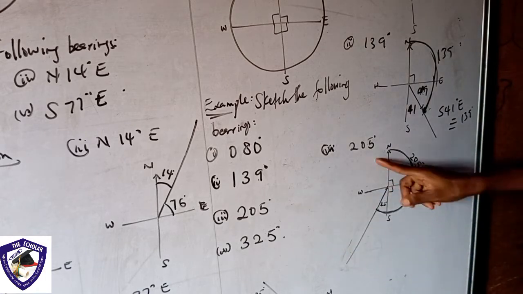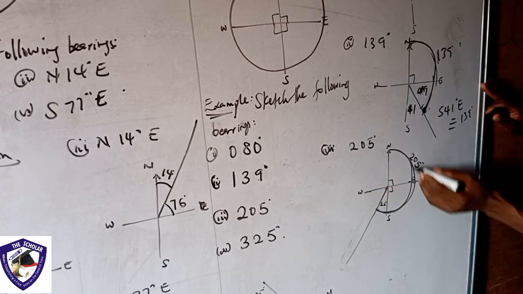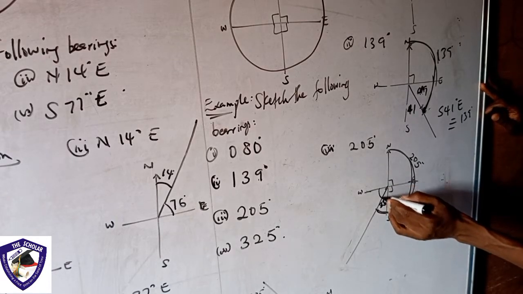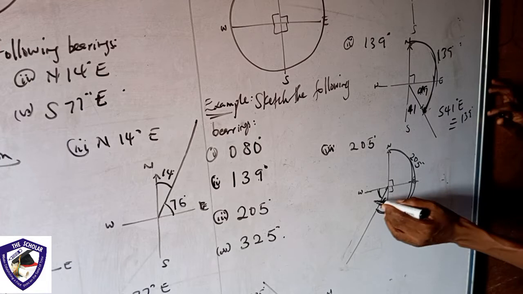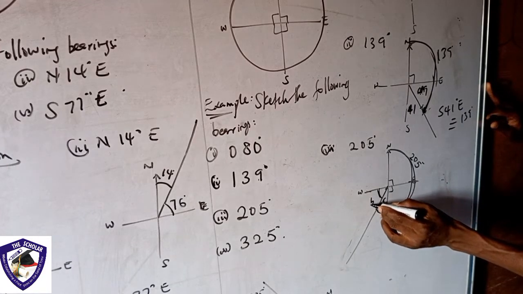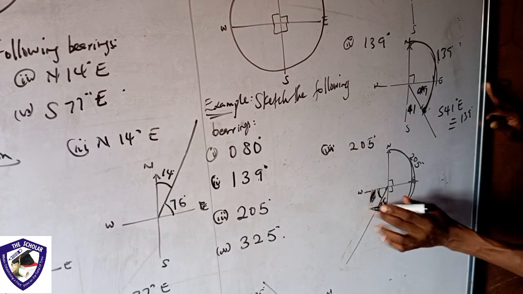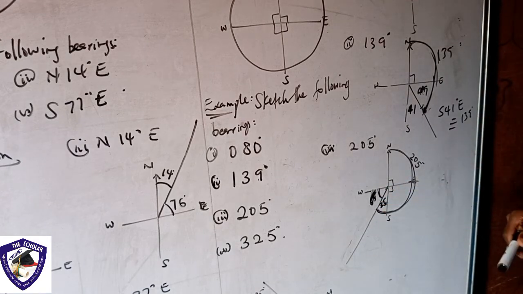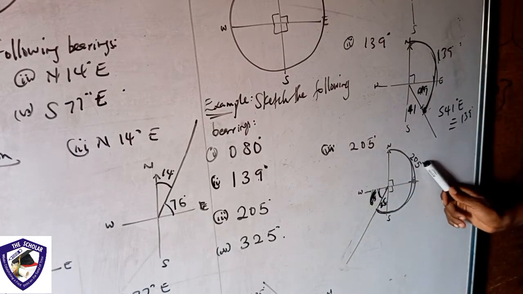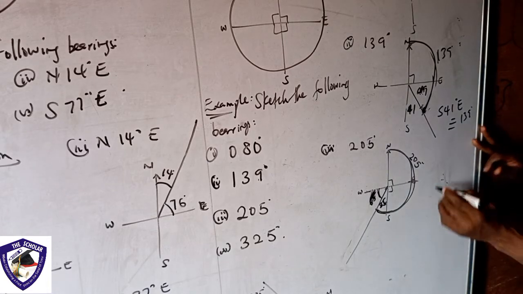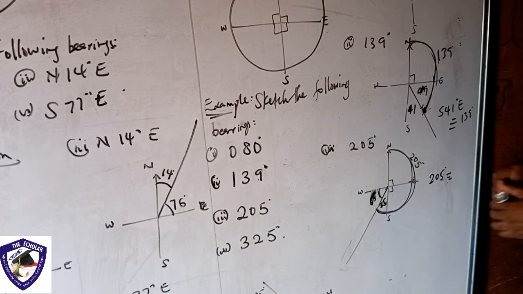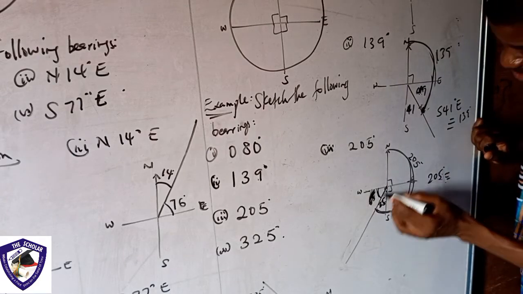Also for 205, look at 205. This is 205 here. Measuring like this is 25. The remaining portion here is 65 degrees. So if I'm to convert this 205 to 2 digit bearing, you go to where that line is.